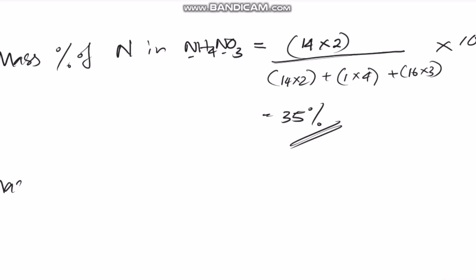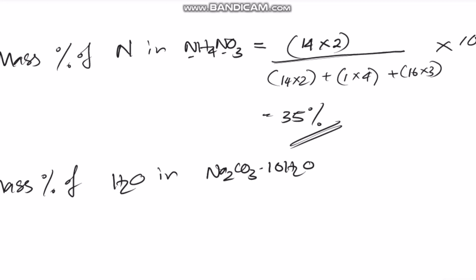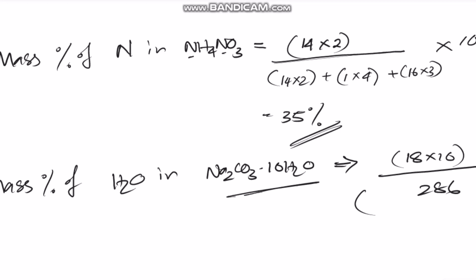Mass percentage of water in Na2CO3 10H2O. Water is 18, and you have 10. We learned how to find the relative formula mass of the entire thing, where sodium is 23 into 2. The total value at the bottom will be 286. 286 is the total value of this, right?